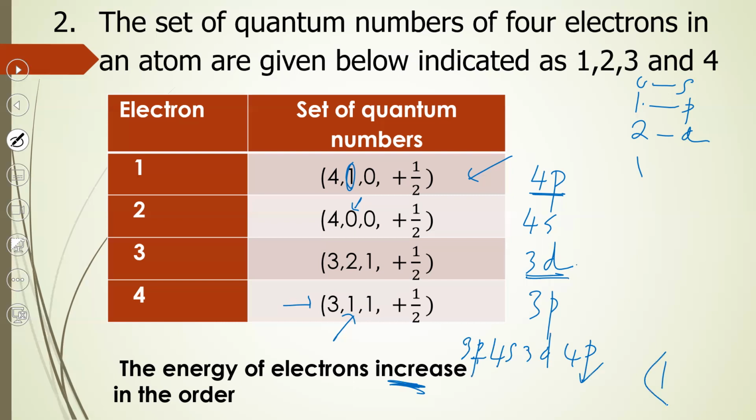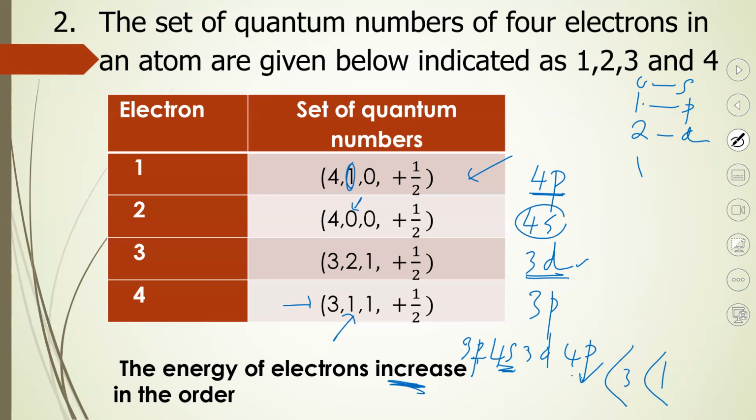Then 3d, you have to think about 3d, that is mentioned in third position. Then you have to think about 4s, that is found in second place. Then finally, you have to remember 3p, it is found in the fourth place. 4, 2, 3, 1.